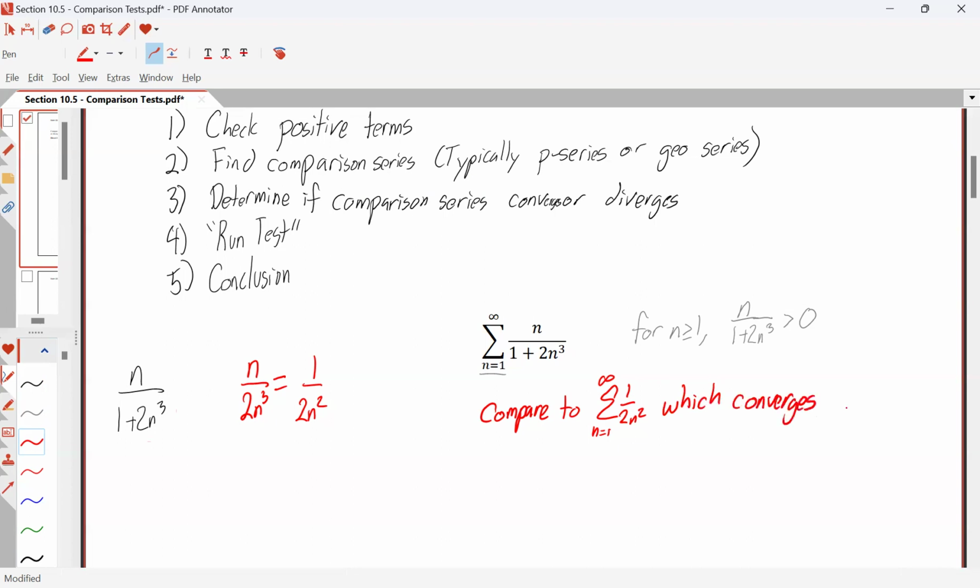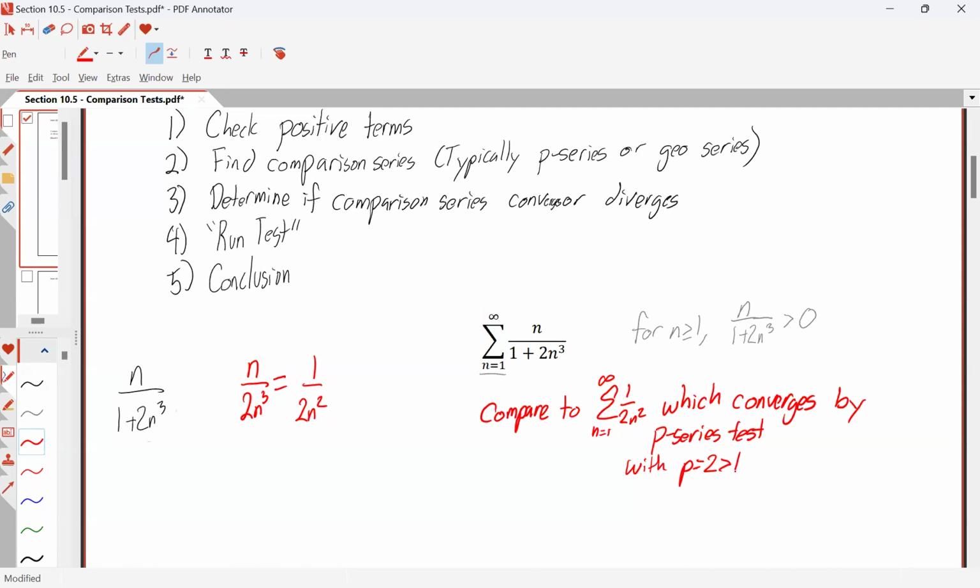And the p-series test says that a p-series converges if p, which in this case is 2, the exponent of 2, is bigger than 1.